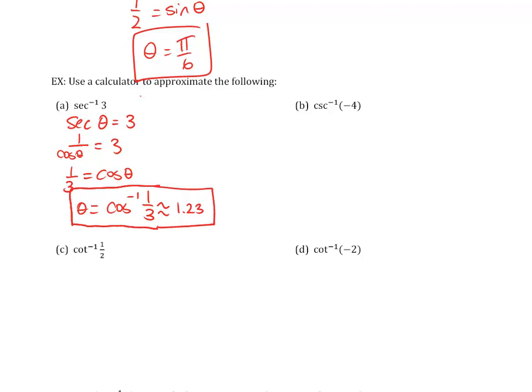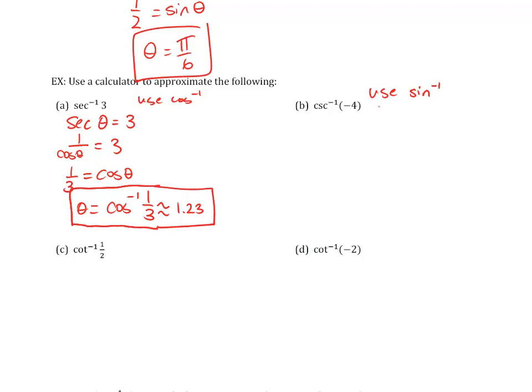So with secant, we're going to use cosine inverse. With cosecant, we need to find a way to write this in terms of sine inverse. The reason being that you want the same domain, or actually the same range, the same output values. That's going to become an issue down here on C and D that we've got to be careful with.